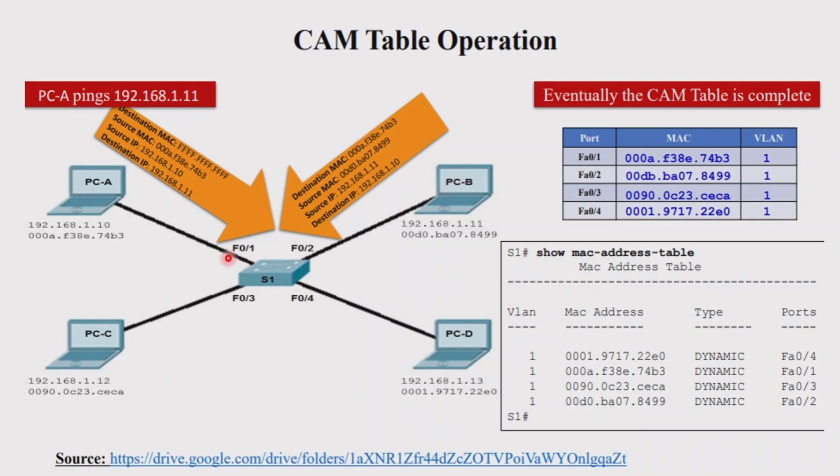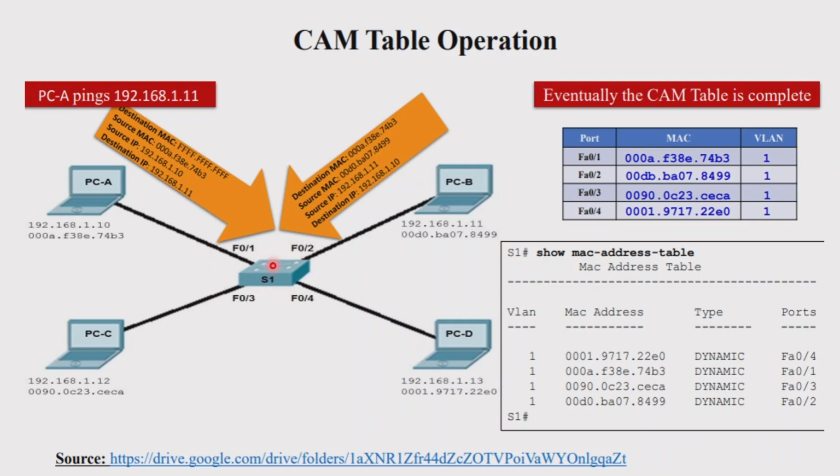Now the moment the communication is established from PCA to PCB, the switch stores the MAC address of PCA as well as the MAC address of PCB. The next time you communicate from PCA to PCB, the packet will come to the switch, and it will not perform the broadcasting operation.